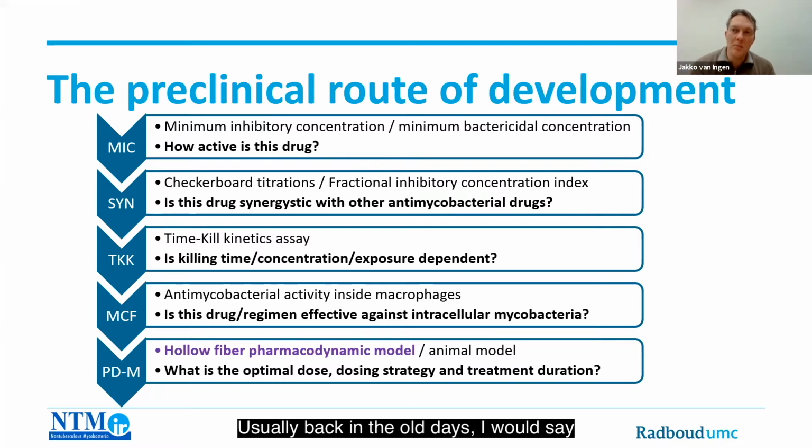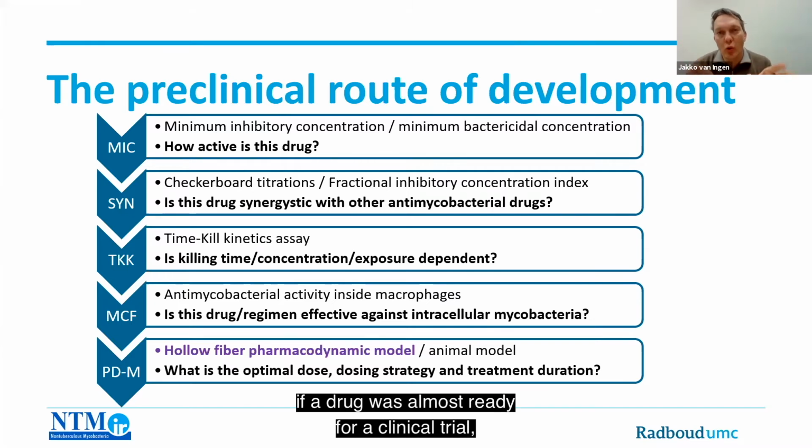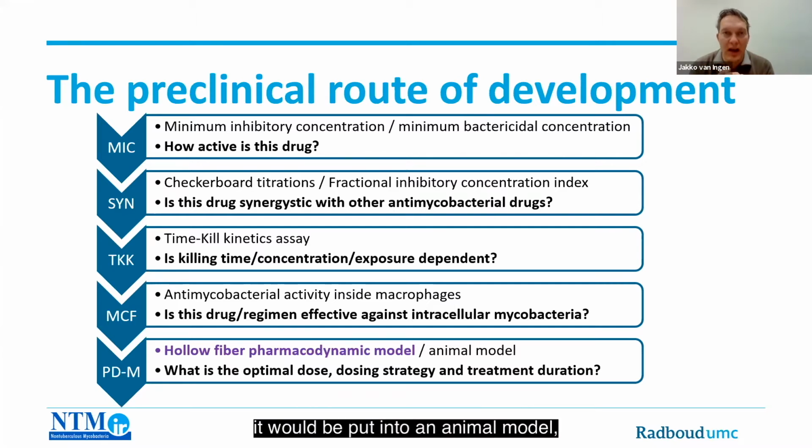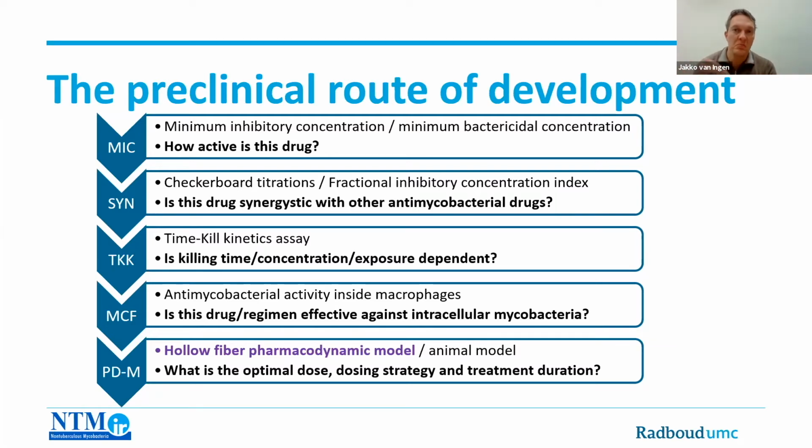Usually, back in the old days, I would say, if a drug was almost ready for a clinical trial, it would be put into an animal model, mouse, guinea pig, and for some, primates.